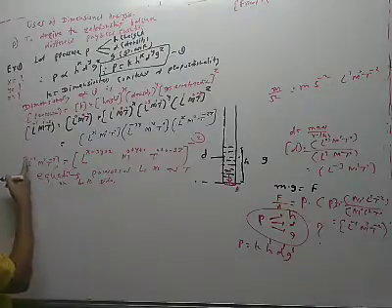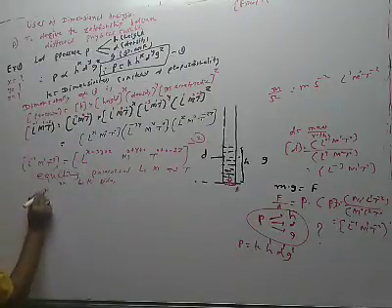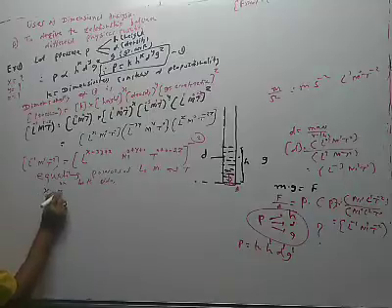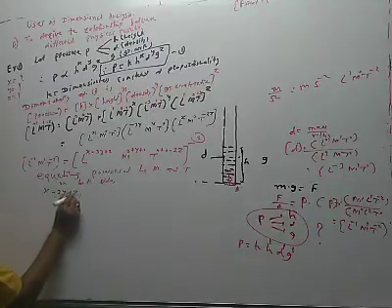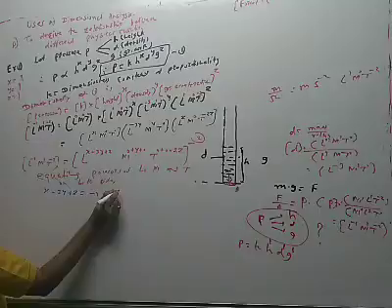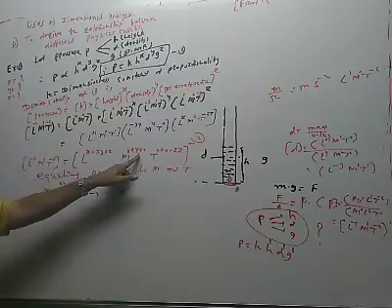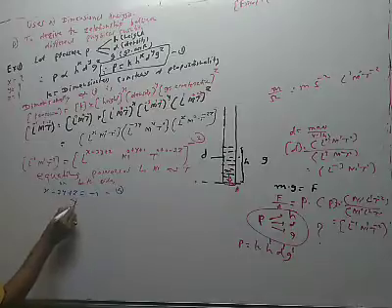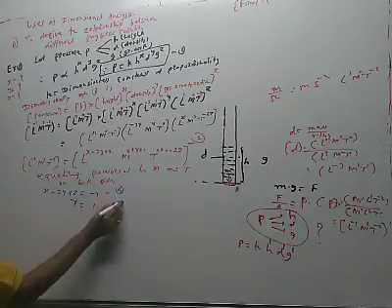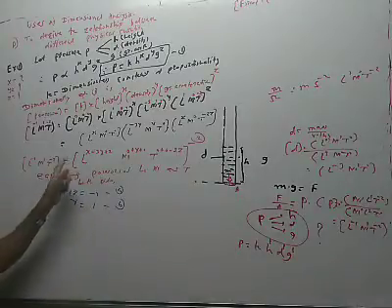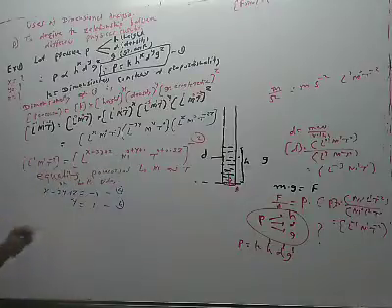See, this minus 1 is equal to this: x minus 3y plus z is equal to minus 1. So this is equation A. Now power of M: y is equal to 1. This is equation B. And minus 2 is equal to minus 2z.